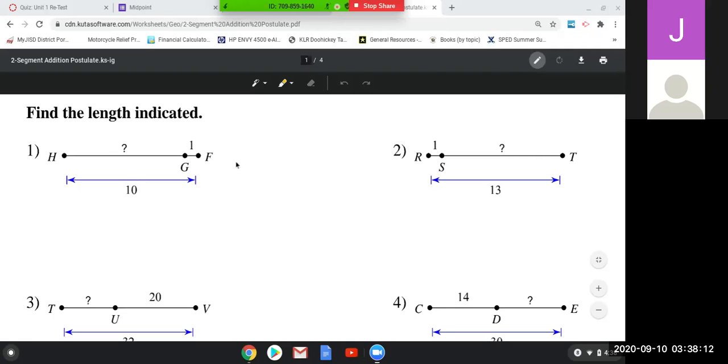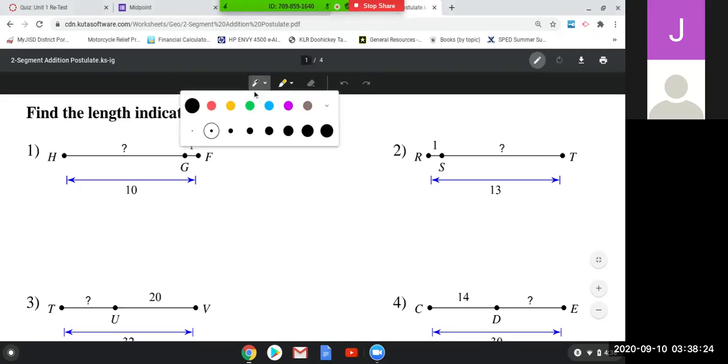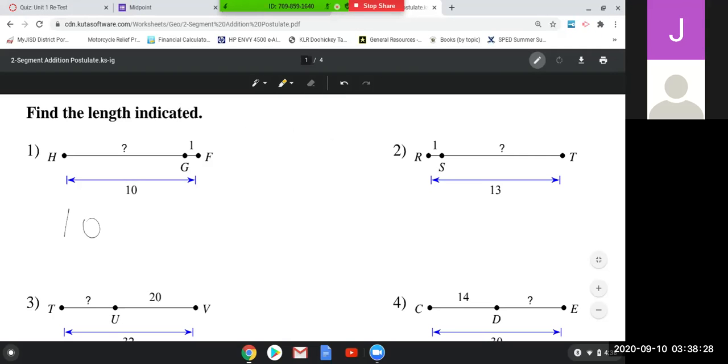So we usually can solve these by just subtracting. The full length minus this partial length is going to give us this other partial. 10 minus 1 equals 9. So I'm going to write that out: 10, because it's the full length, minus 1, the given part, is going to give us the other part. So HG equals 9. Then we can see it there. If I add 9 plus 1, that's going to equal 10.